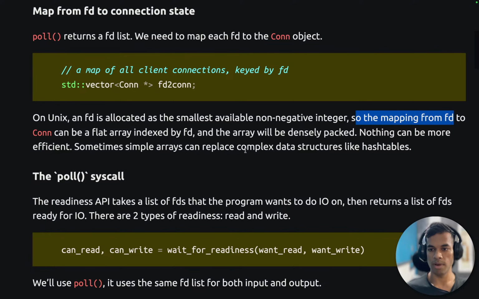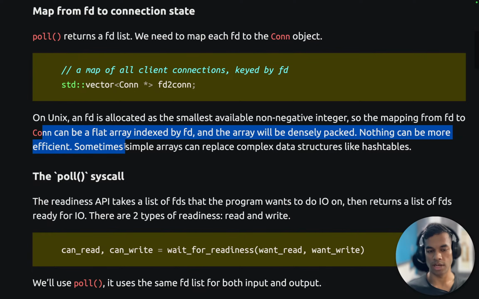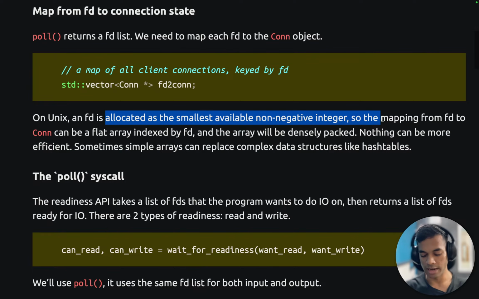So the mapping from FD to connection can be a flat array indexed by file descriptor, and the array will be densely packed. Nothing can be more efficient. Sometimes simple arrays can replace complex data structures like hash tables, because a file descriptor is the smallest non-negative integer that is free.